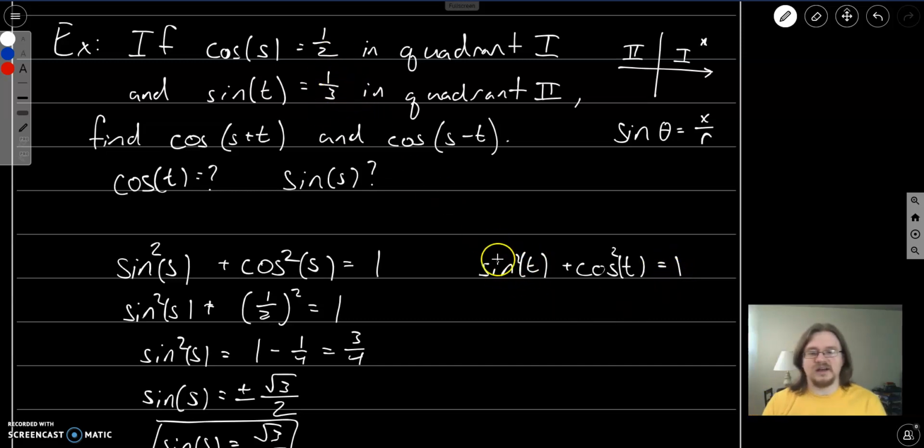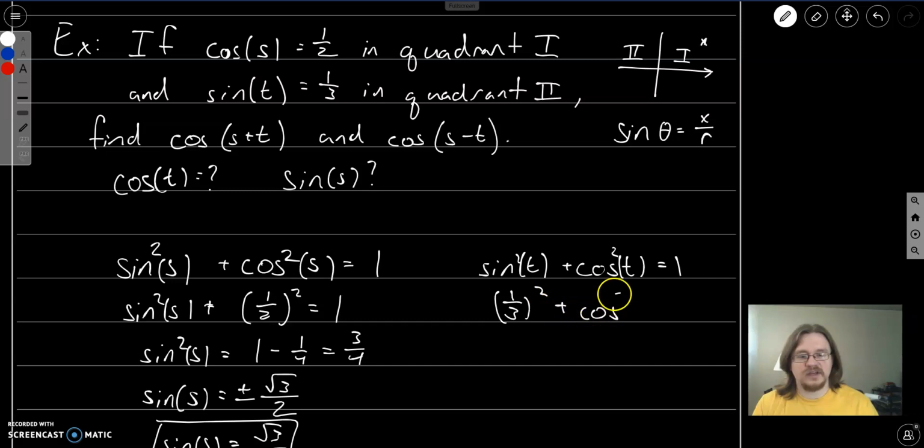Sine squared is 1/3 squared, which is 1/9, so I can subtract that from both sides. So cosine squared of T is going to be 1 minus 1/9, which is 8/9.